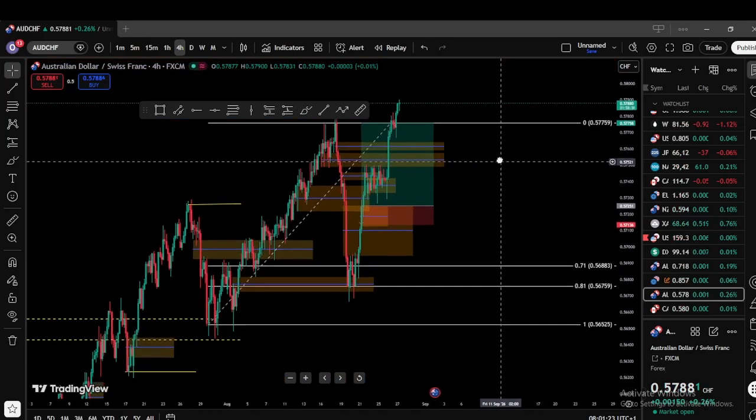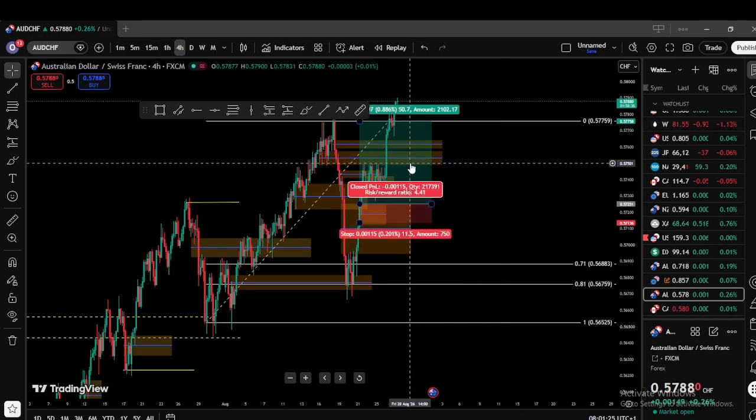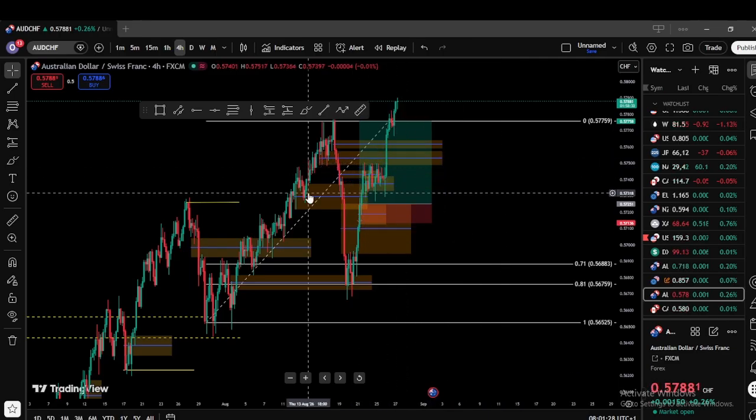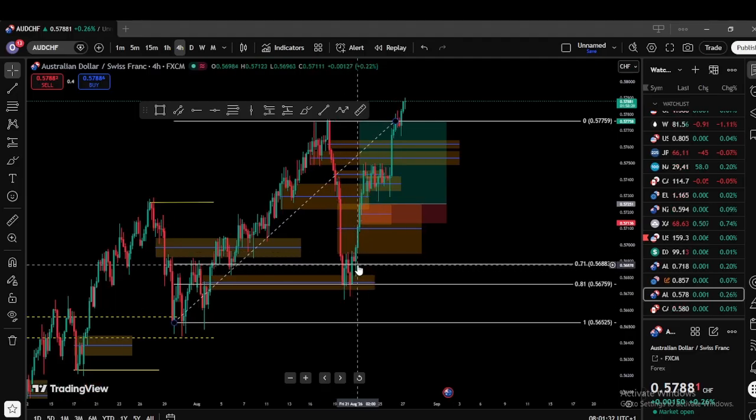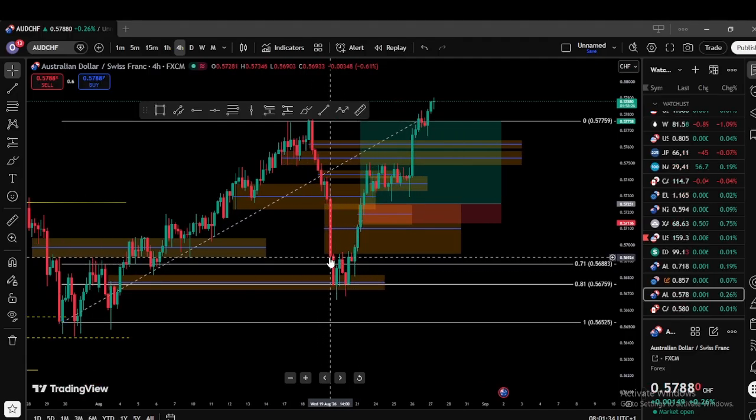Like I was saying, we had the opportunity to take the trade from somewhere around here, but I didn't execute it. One, because we went below the 0.71, and two, we oscillated around here and we have this FVG right here.